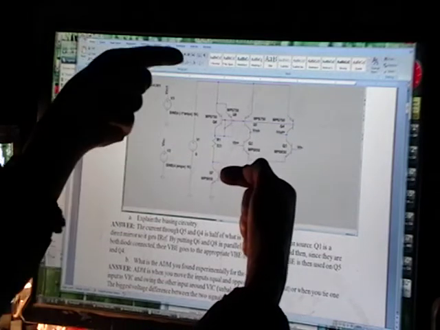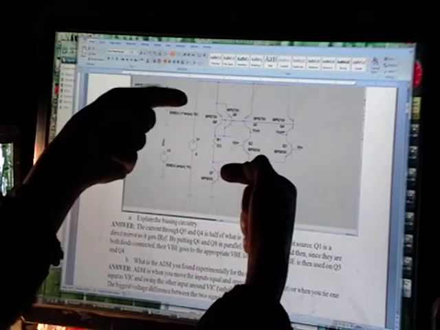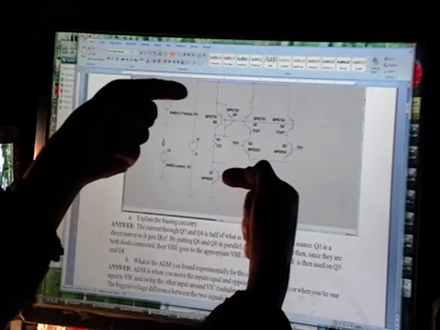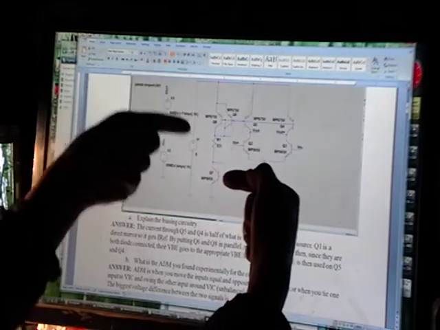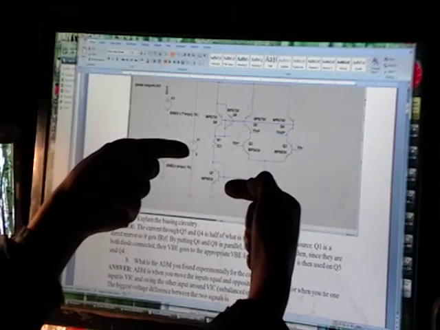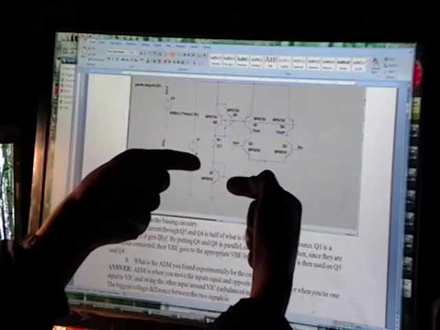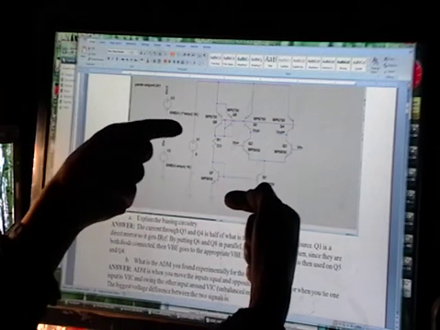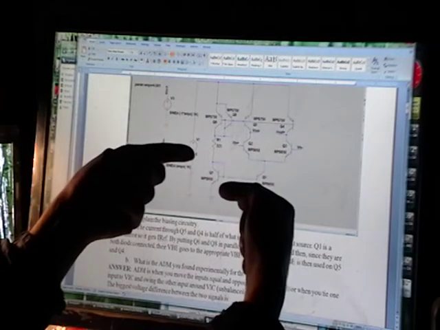So if the output of a common emitter moves up a volt, that means that the output has changed by 1 volt. So if the output changes half a volt, then that's the total amount that your output changed, relative to ground.